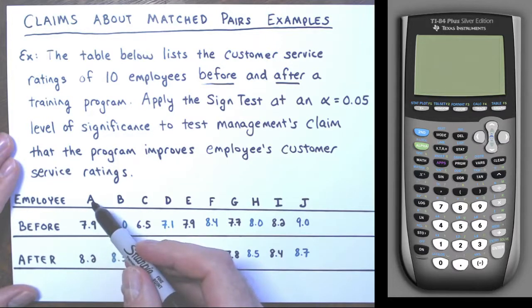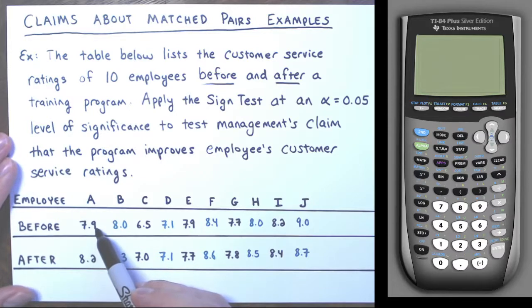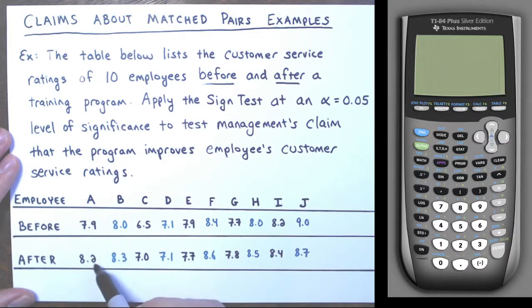You see employee A, his or her or their customer service rating before the training program was 7.9, let's say, out of 10. I don't know what the scale is exactly. That was not mentioned. I'm assuming out of 10. And that particular employee's customer service rating after the training program was 8.2.